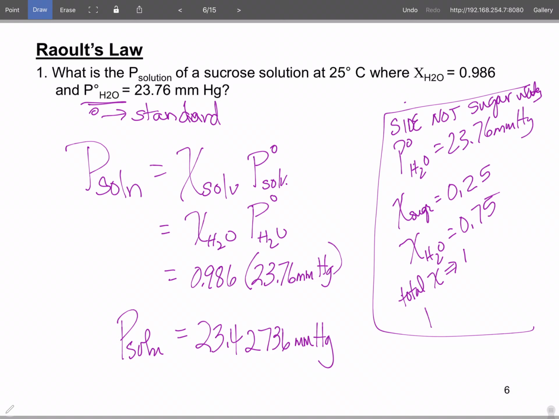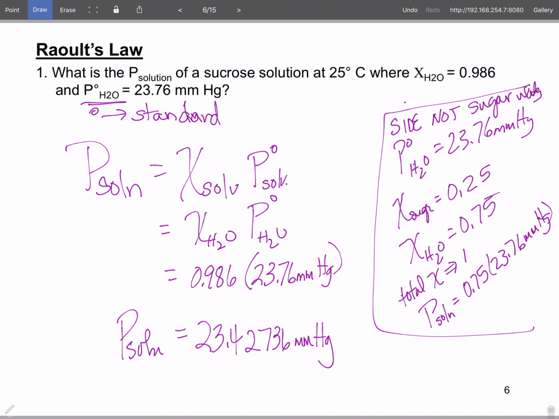So in this particular case, the pressure of your solution would equal 0.75 times 23.76 millimeters of mercury. Now, I just made that up on the spur of the moment. You'd think I would stop doing that, but oh well.